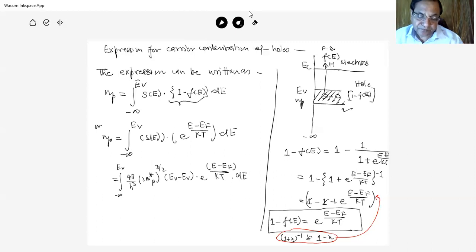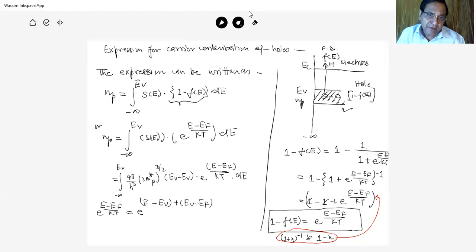So we can write e raised to the power (E minus EF) upon KT as e raised to the power (E minus EV plus EV minus EF) upon KT.